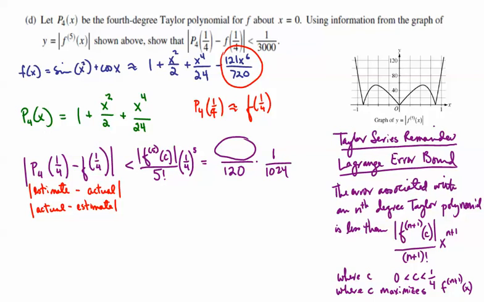and all we need to do is look at our graph to see that on the interval from 0 to 1/4, which would be basically from here, from 0 to 1/4, we can see that the maximum value of the derivative there is less than 40. We don't know exactly what it is, but it's okay for us to put in an upper bound on that at 40.